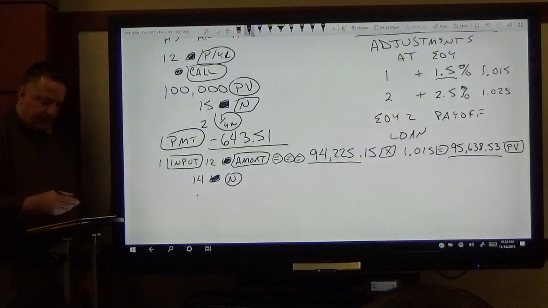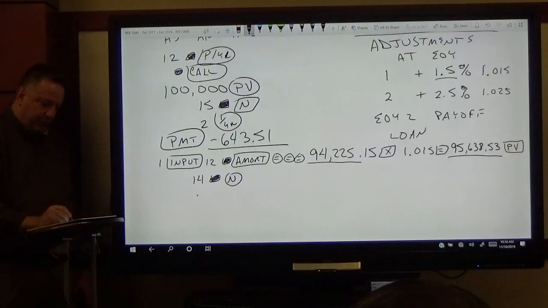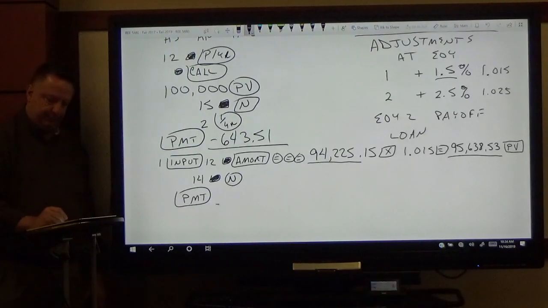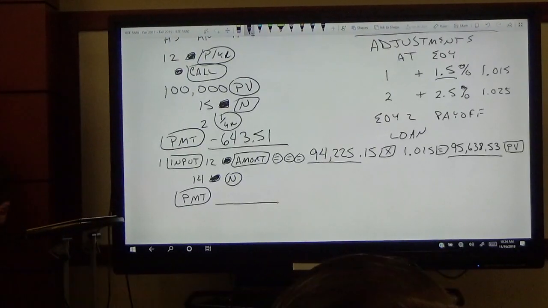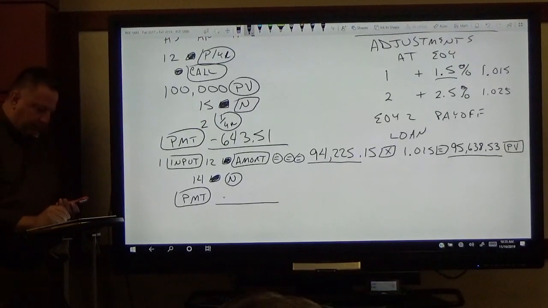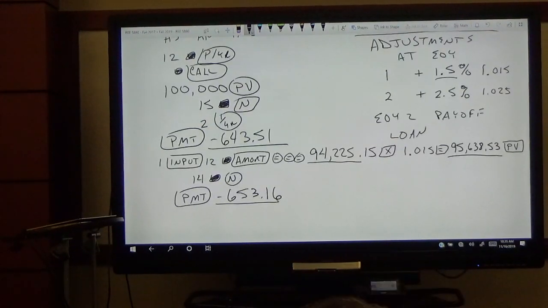My interest rate is still going to stay constant at 2%, so we don't need to change that. But what you do need to resolve for is the payment, because your payment's going to go up. Interest stays the same? Yes. Okay. So your payment goes up by basically about $10 a month. Okay? You're right with me? Yes. All right.